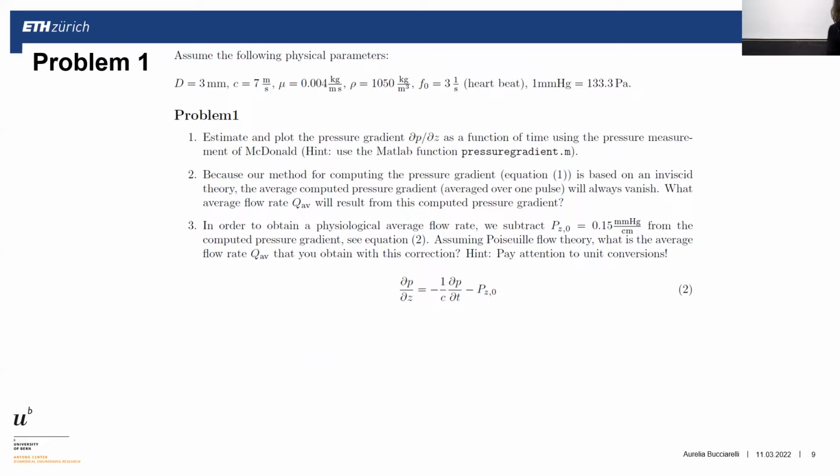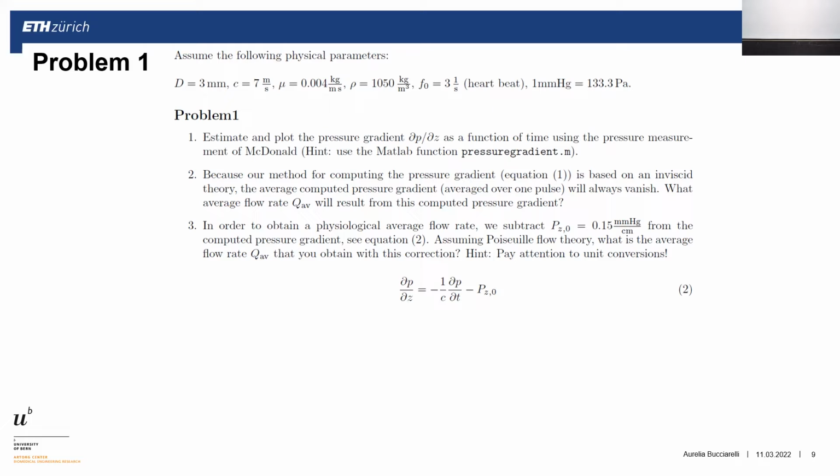So problem 1.1. You need to estimate and plot the pressure gradient as a function of time using the pressure measurement. So you have the pressure gradient function, and there you need to put in the times at which you want this pressure gradient, and plot it.